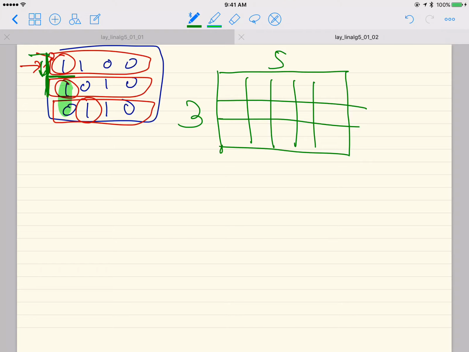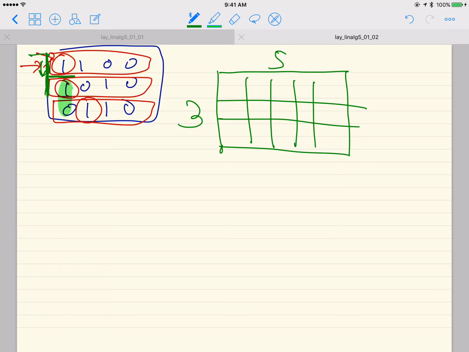We have 3 equations and 4 variables. Is it possible that we have a unique solution? No, right? In a simpler case, we have 2 variables but only 1 equation, and there can be infinitely many solutions. So it's the same thing here. It's not possible that we have a unique solution.